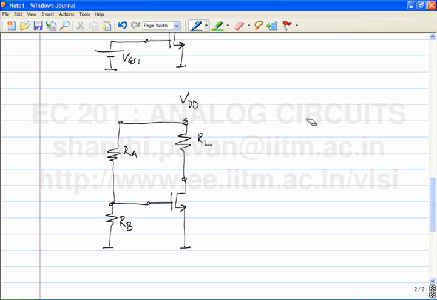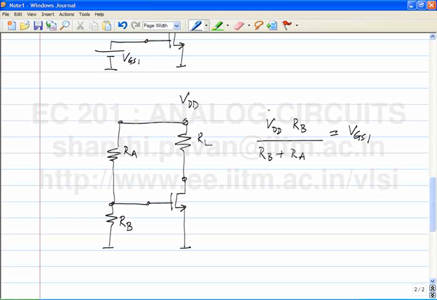You only suggested that I put a resistor string. So how will I choose the values RA and RB? VDD times RB by RB plus RA should be equal to VGS1.